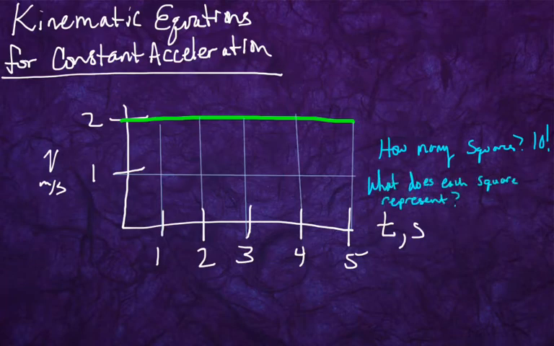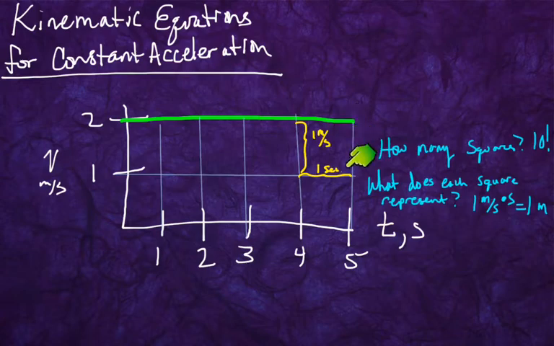Each square represents 1 meter per second times 1 second, and so each square is a representation of 1 meter of displacement. Does that make sense? Yes. Okay.